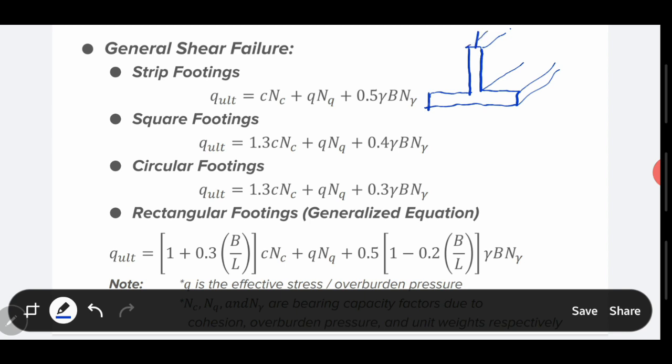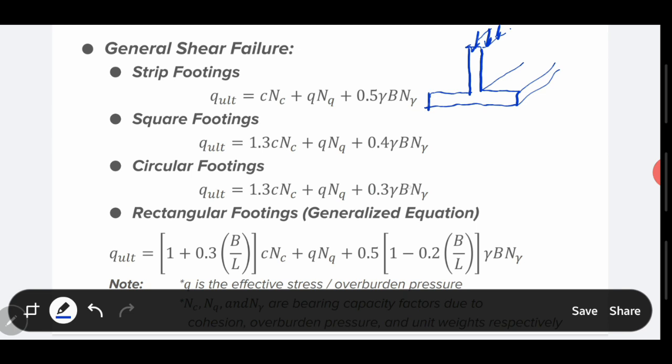The q_ult for strip footings is cNc + qNq + 0.5γBNγ. For square footings, q_ult is equal to 1.3cNc + qNq + 0.4γBNγ. For circular footings, it's equal to 1.3cNc + qNq + 0.3γBNγ.